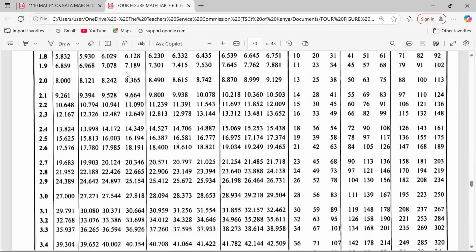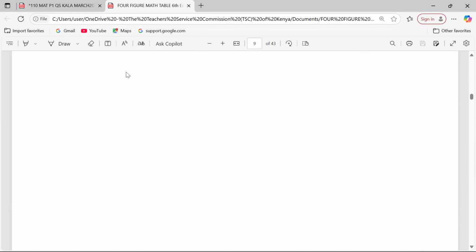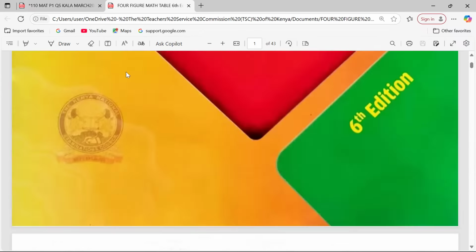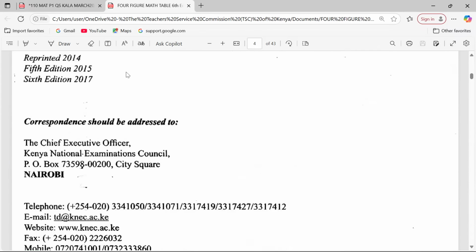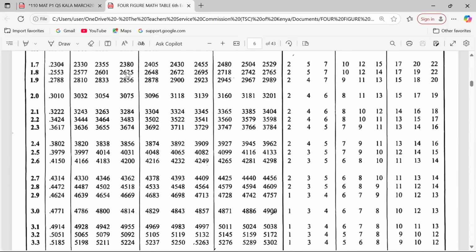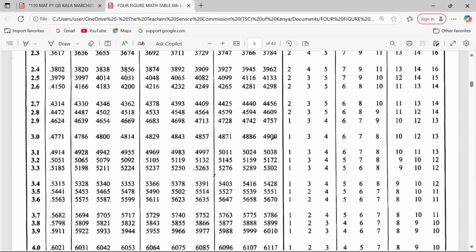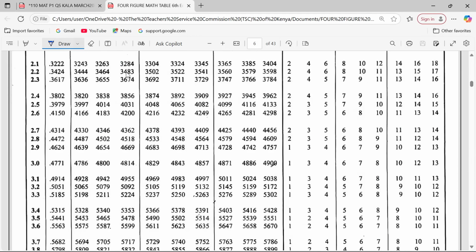So I'm going directly to the logarithms. Here we are on logs. We are finding the log of 2.753. So we first identify the row 2.7. Here it is.